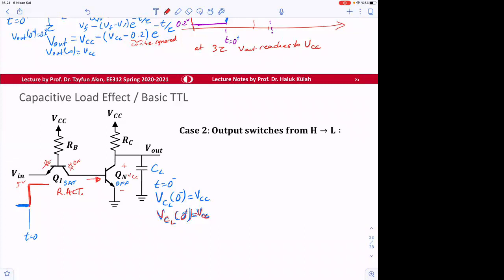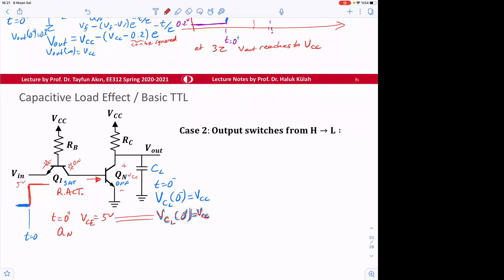So since at t is 0 plus, the collector emitter is 5 volts because that's also equal to this one value. Okay.